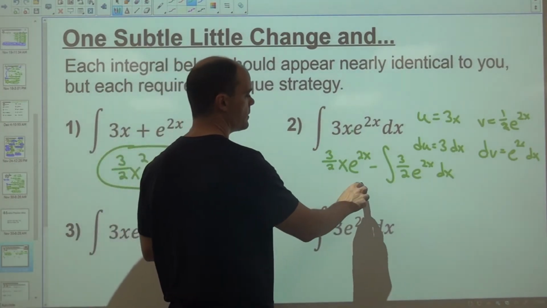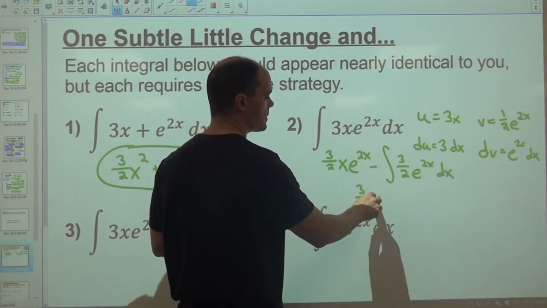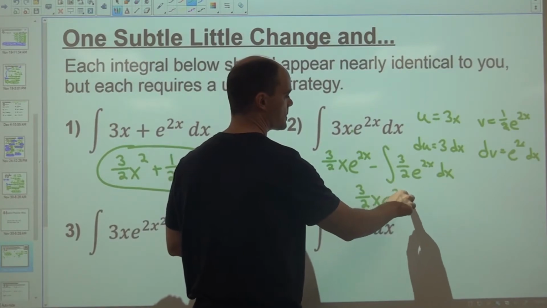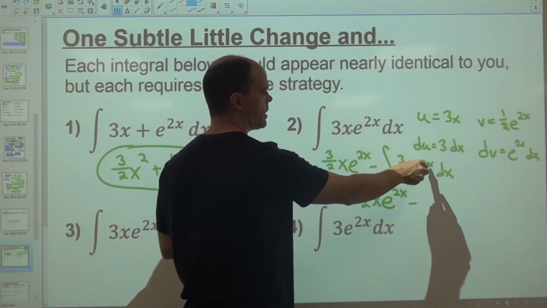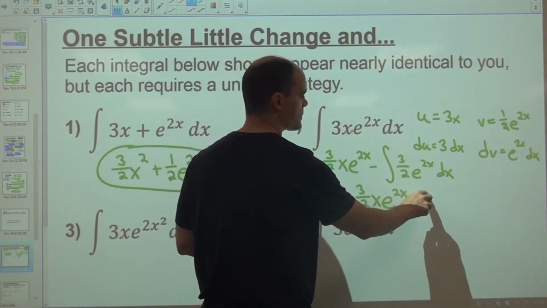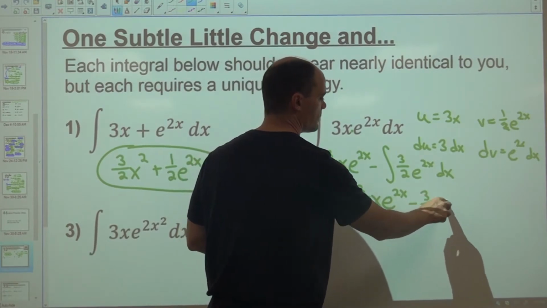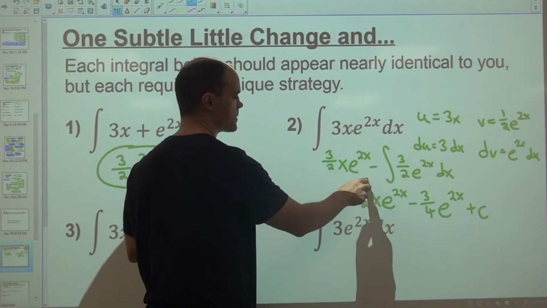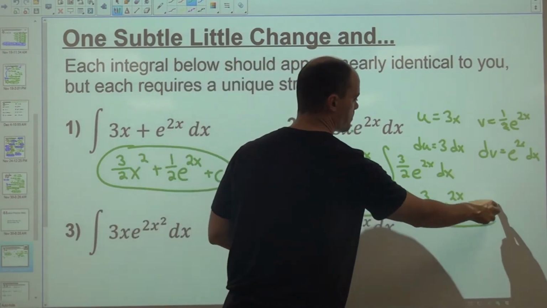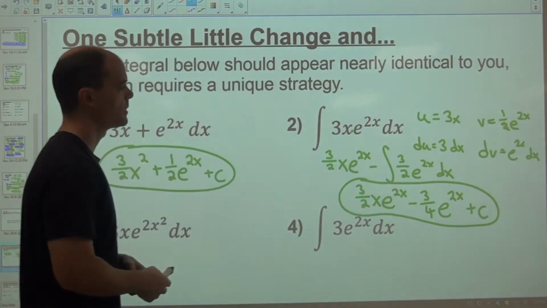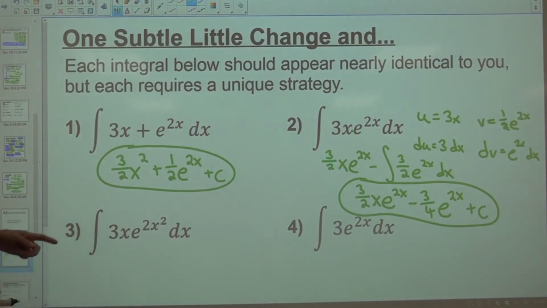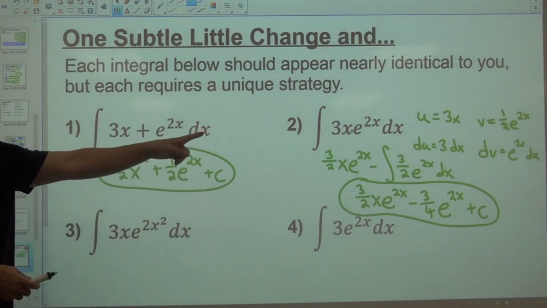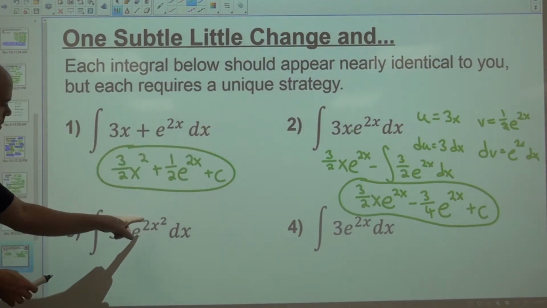We can do it in our head. 3 halves x e to the 2x minus, I'll need another half to come in front of this, and I'll end up with 3/4 e to the 2x, of course, plus c. And there we go.